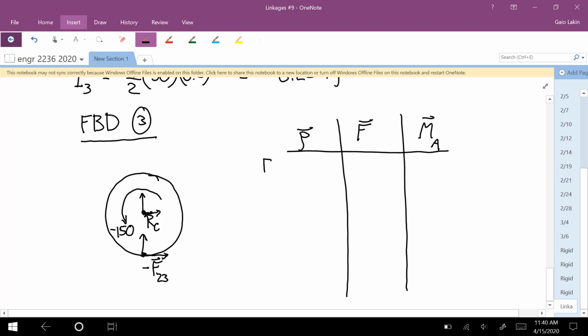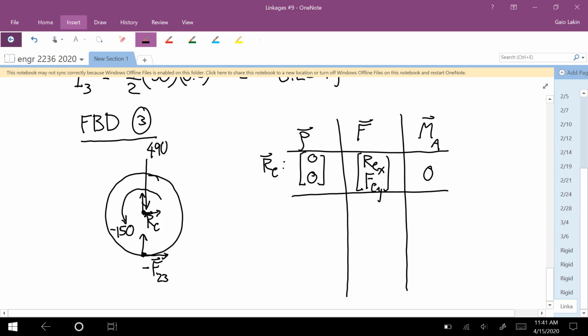So first I'll do RC. The about point is the center, so the rho vector is 0. The force vector is RCX, RCY, and there's no moment. Oh, I didn't do the weight force, sorry. 50 times 9.81, that's 490.5.